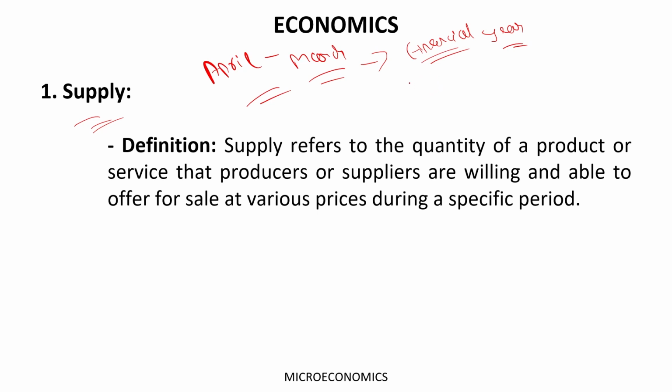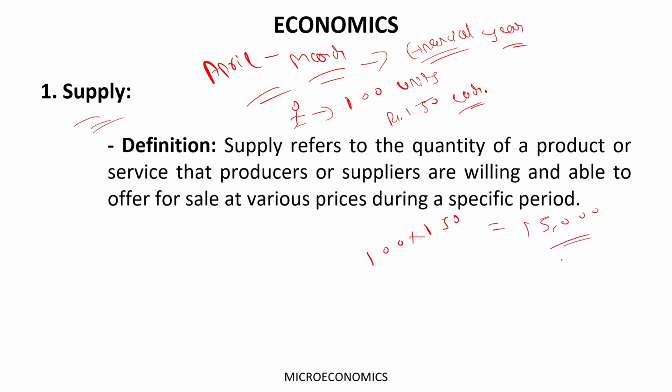So during this financial year, this person supplied 100 units at rupees 150 each. What is the total value of the units supplied? 100 into 150 equals 15,000.